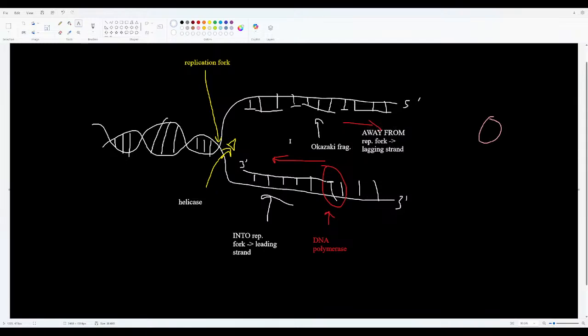So into the replication fork, leading. Away from, lagging. And when we have the lagging strand, we have these Okazaki fragments. Like I said, these Okazaki fragments do need to be sealed back up so we have a uniform strand of DNA.